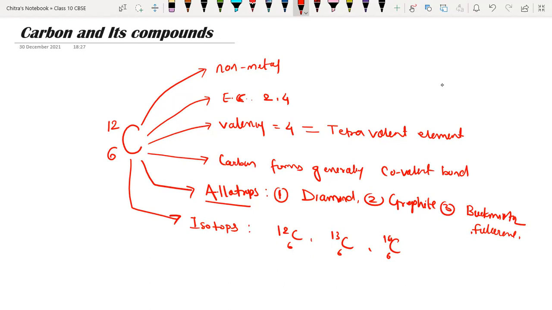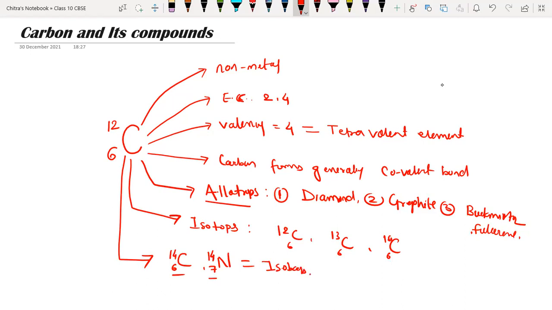Any elements which have the same atomic number but different atomic mass are called isotopes. Carbon 14 has atomic number 6 and atomic mass 14, and nitrogen has atomic number 7 and atomic mass 14. Here the atomic number is different but the atomic mass is the same, that's why they are called isobars.